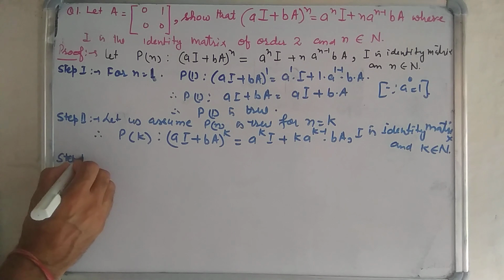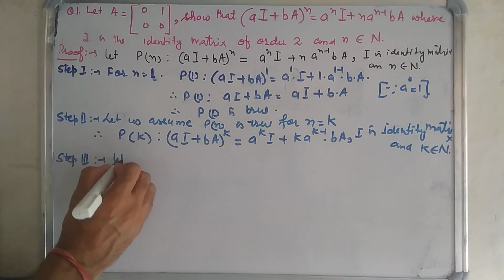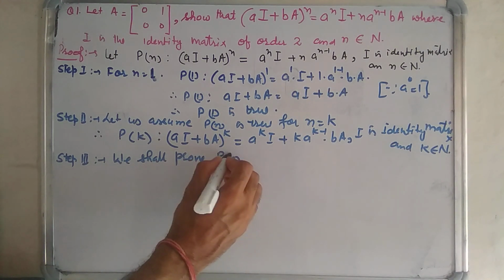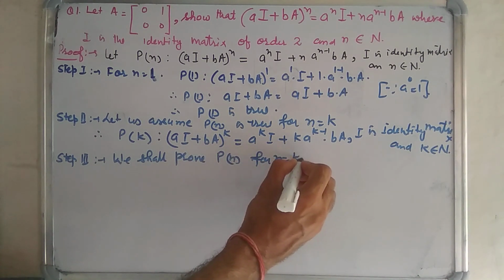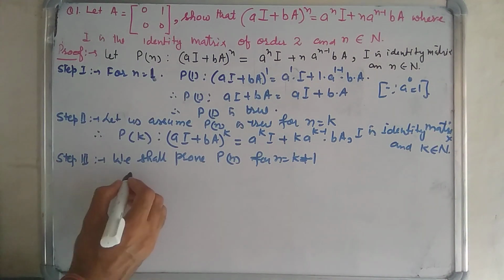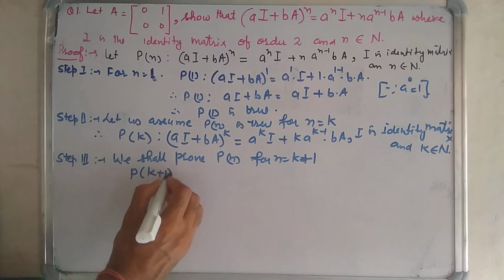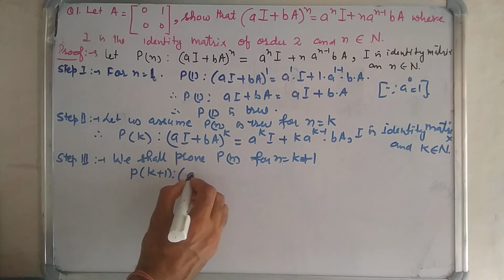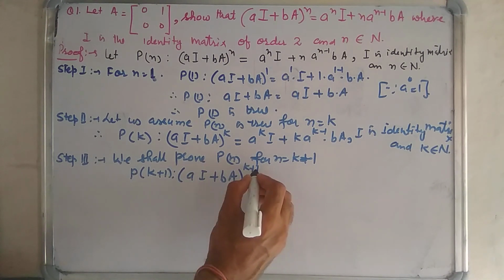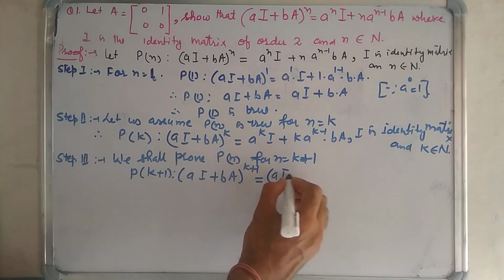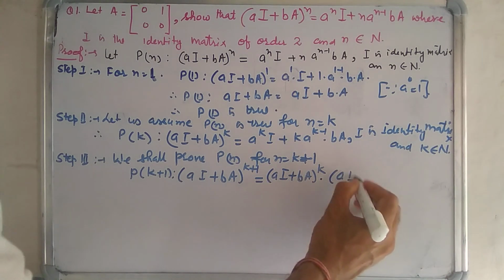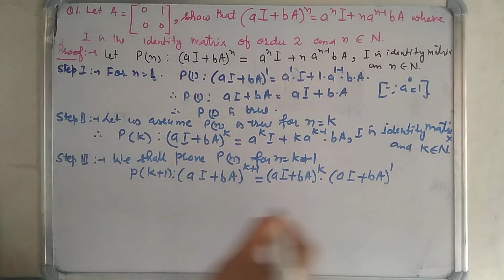Now in step number 3, we shall prove P(n) for n equal to k plus 1. Now see here, P(k+1) is (aI + bA)^(k+1), which is (aI + bA)^k into (aI + bA)^1.